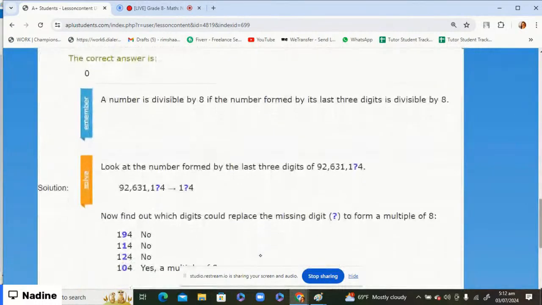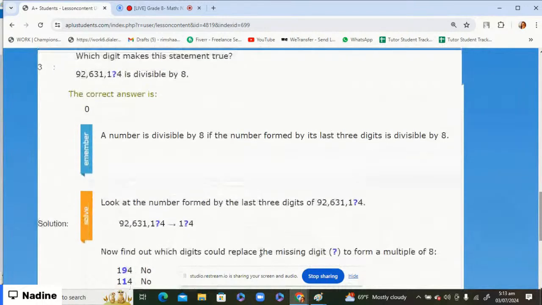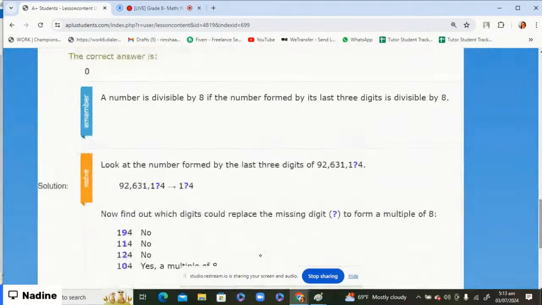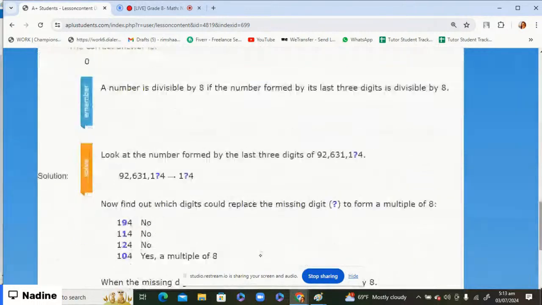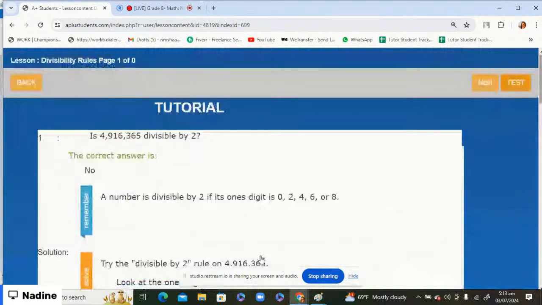So here is the missing one. They just put down some numbers with it: 194, 114, 124, 104. So all of it, you just put it out and then check if it's divided or not. Okay. Now let's do some test questions for that.